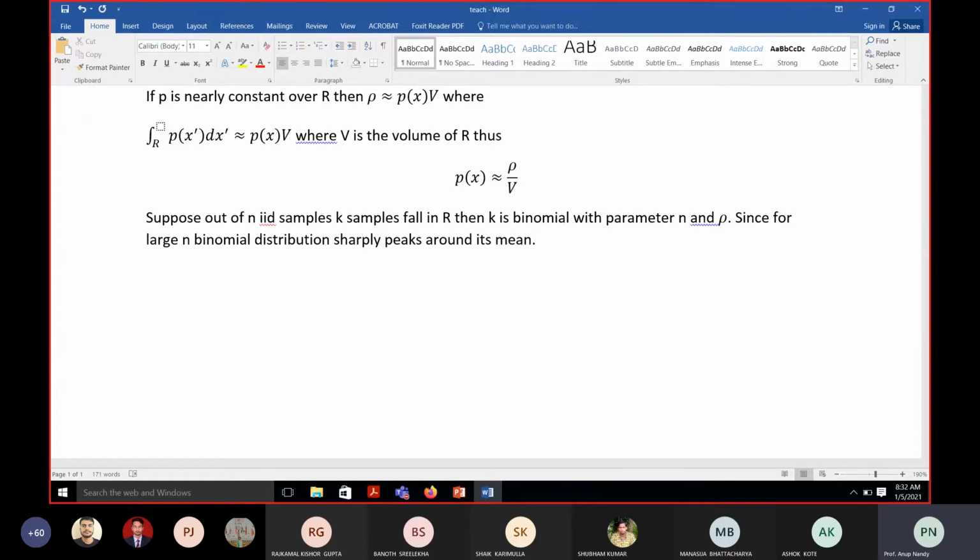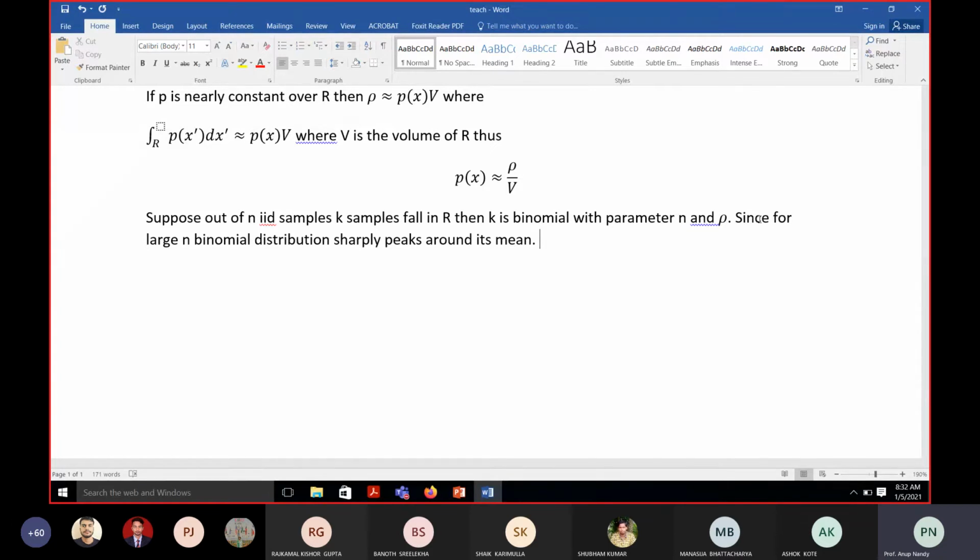you could expect that the ratio k by n, where k by n means mass by volume. In the region, if k is sufficiently large and these points are used to construct the volume, then how many points are there in the constant interval, so that the function P(x) is approximated to P prime x.